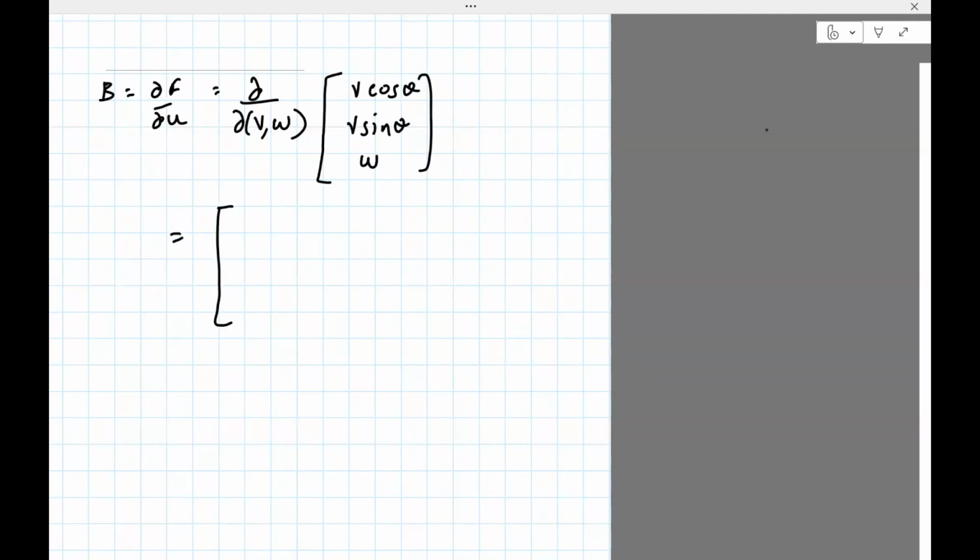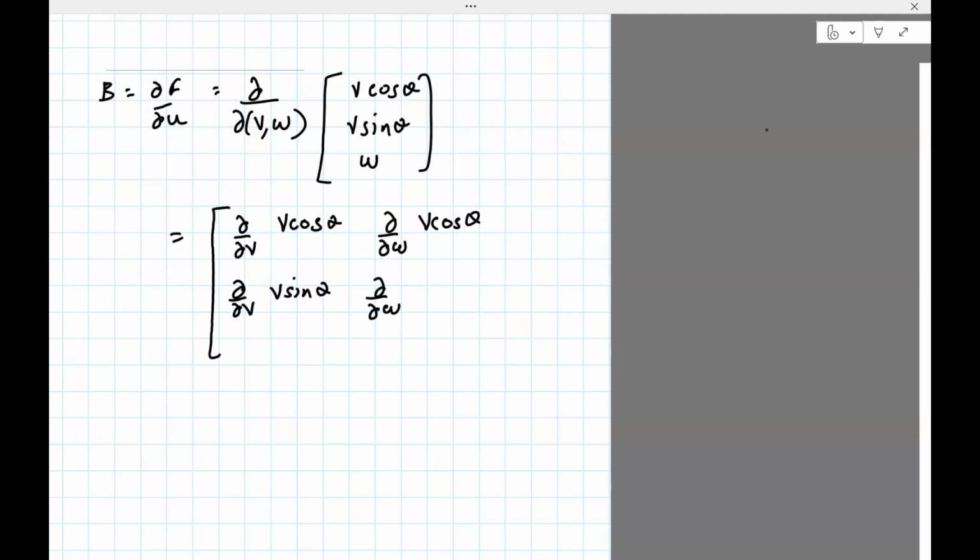Again, we can distribute the partials like this: d dv of v cosine theta, d d omega of v cosine theta, d dv of v sine theta, d d omega of v sine theta, d dv of omega, d d omega of omega.